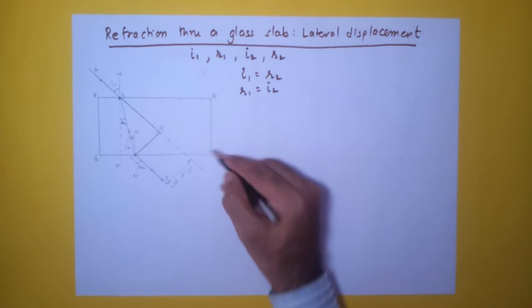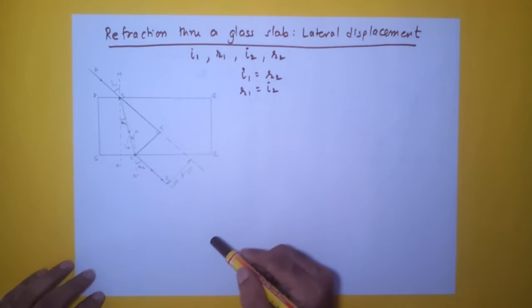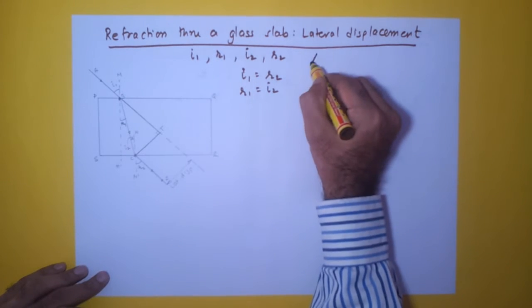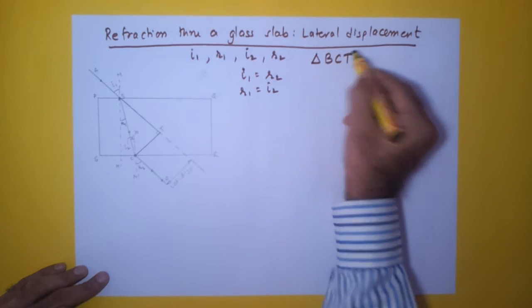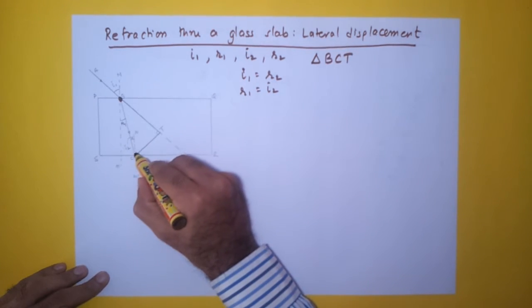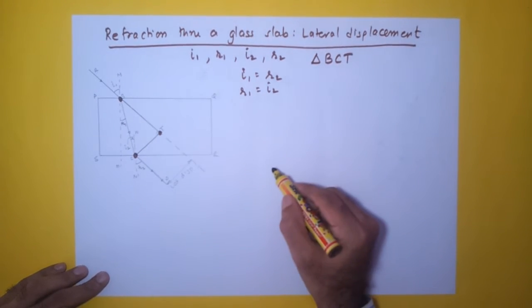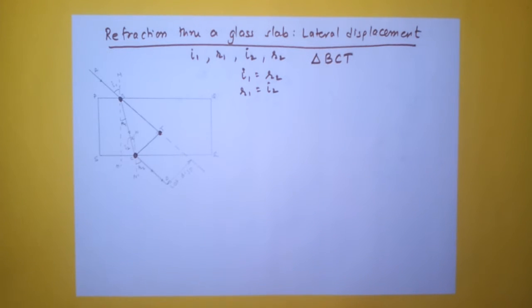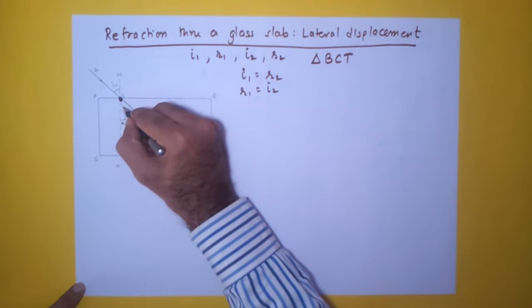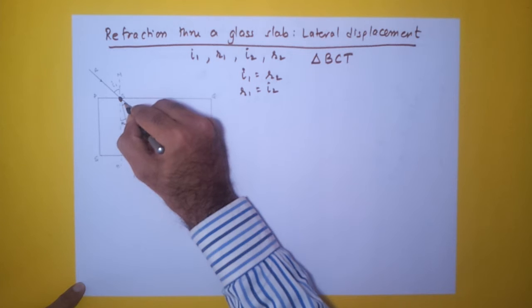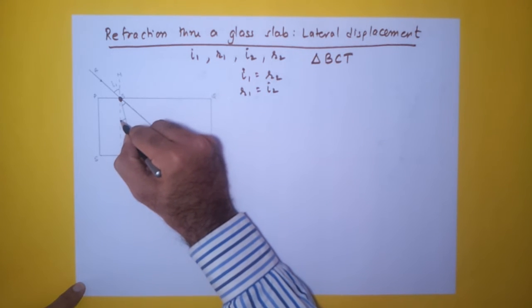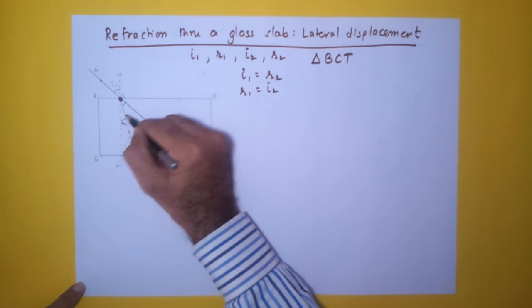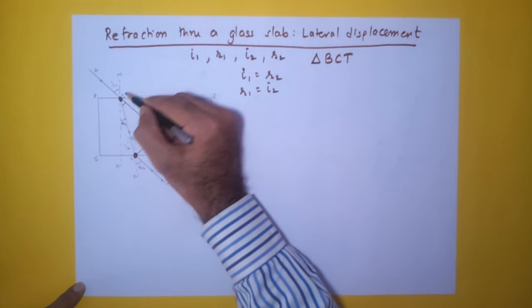So if I focus my attention on triangle BCT, now this particular angle, I know this angle is R1. I'm interested in this particular angle.